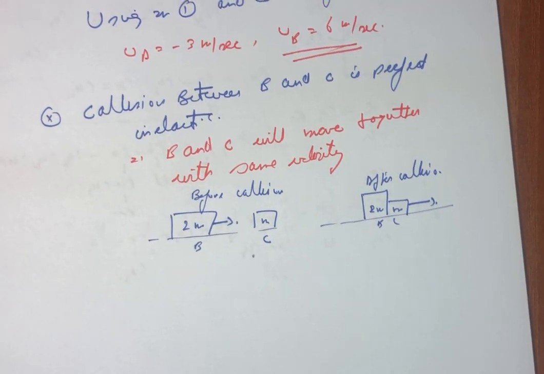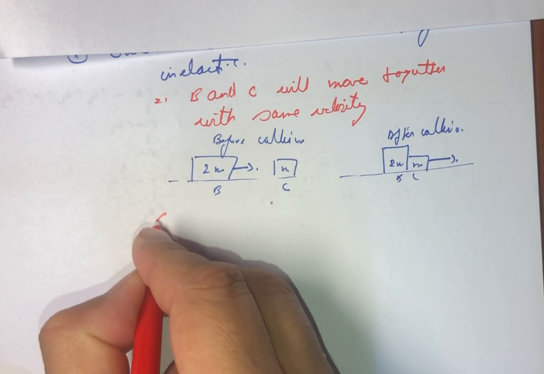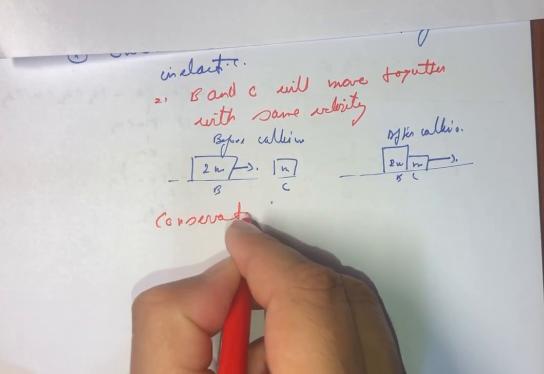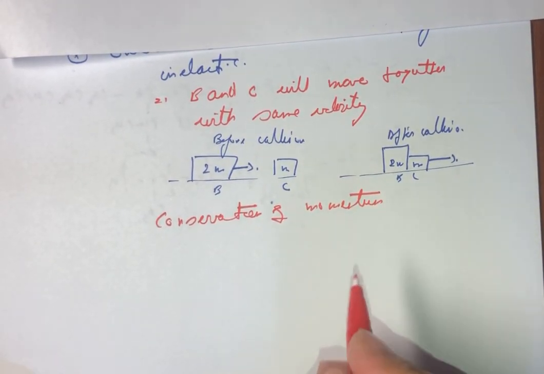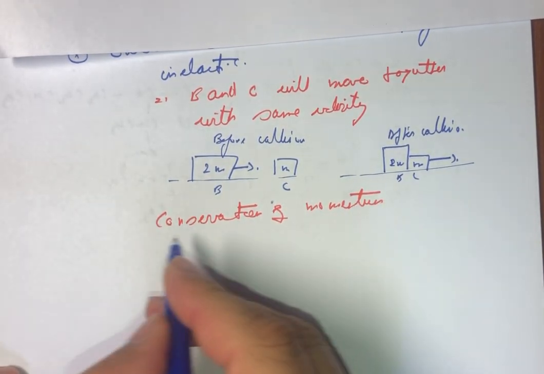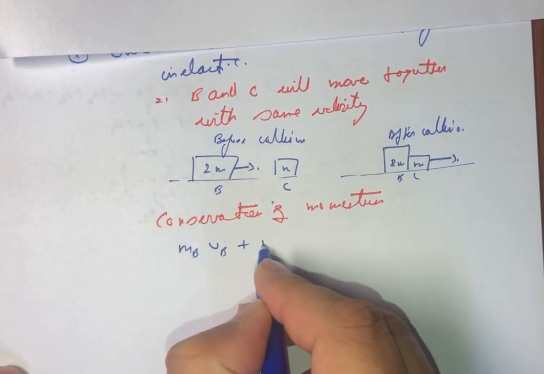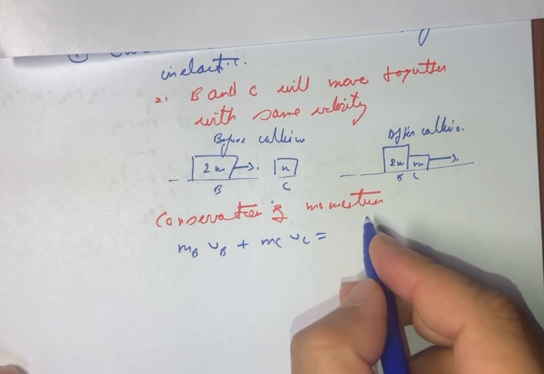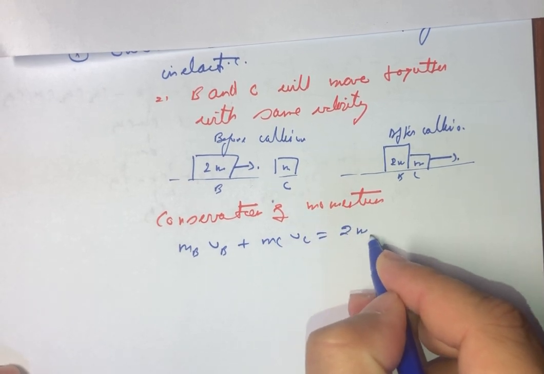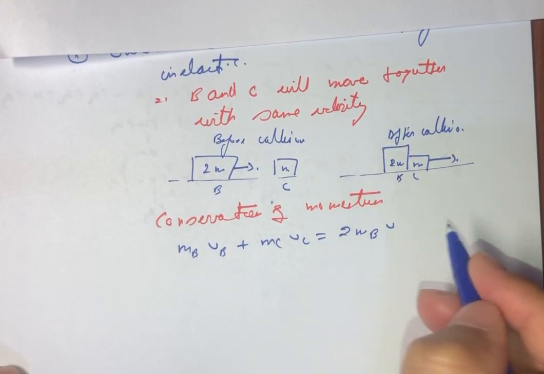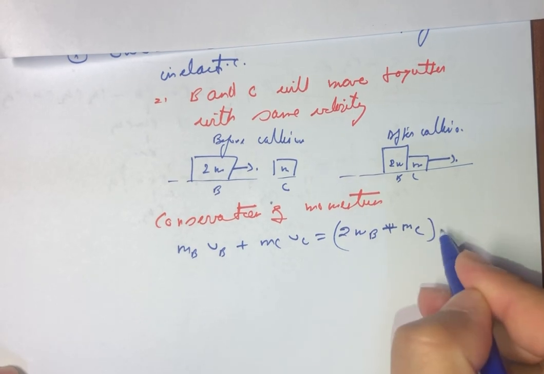As it is perfectly inelastic, using conservation of momentum, we get MB VB plus MC VC is equal to, since they will be moving together, MB plus MC multiplied by VC.